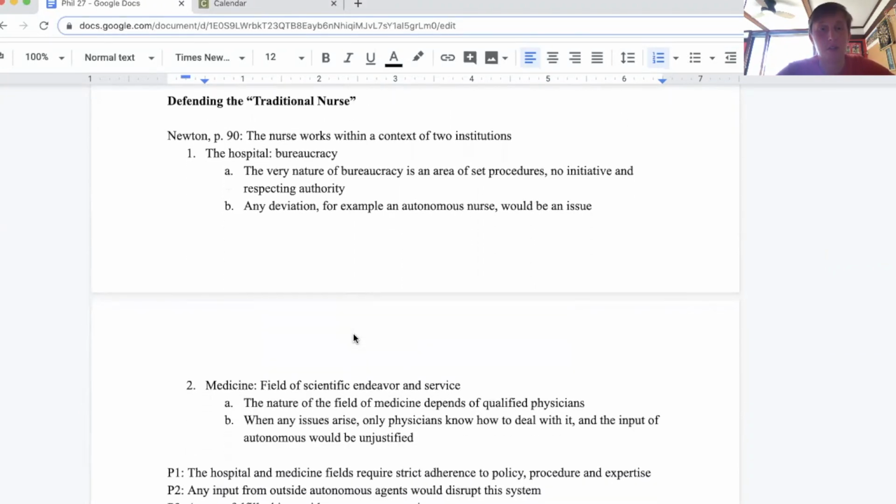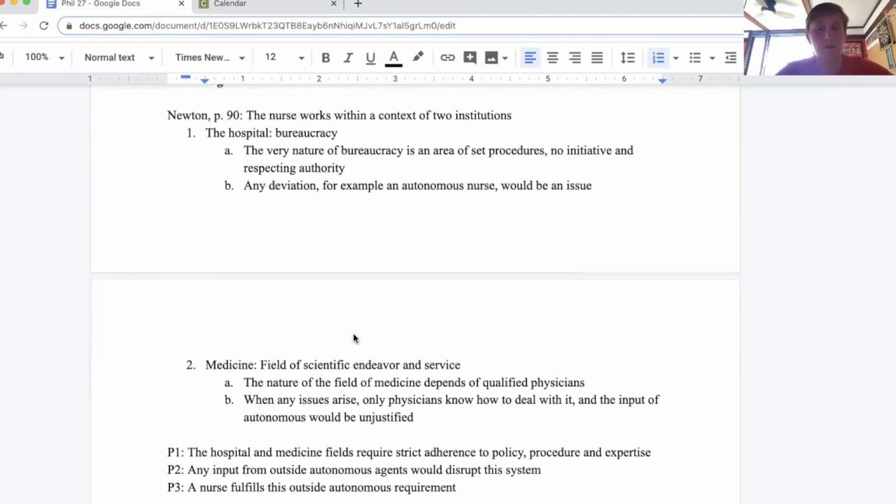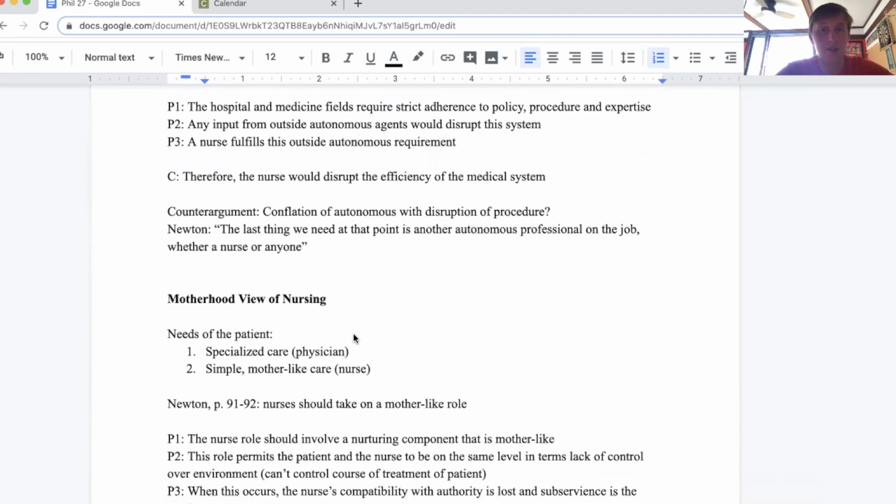One argument Newton implements that defends the traditional nurse uses the ideas of the hospital and medicine and how those fields often require strict policy and procedure. The argument that Newton lays down is that the hospital and medicine fields require strict adherence to policy, procedure, and expertise, and any input from outside autonomous agents, such as a nurse, would disrupt the system.